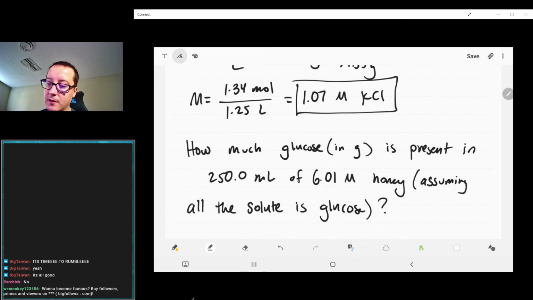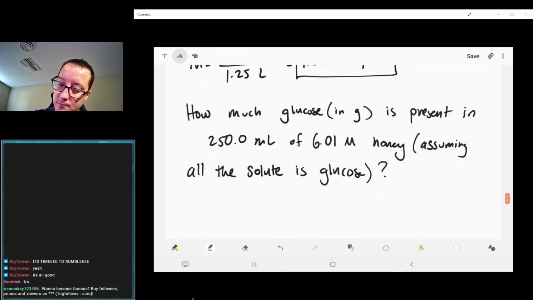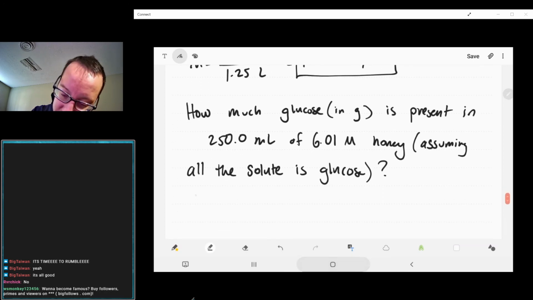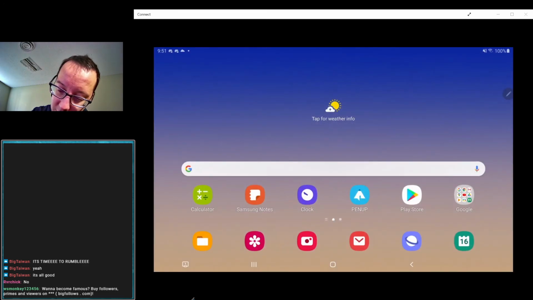All right. So with this, we're now asking for grams, but we have a volume and a molarity. We can use those to go between solution volume and moles, right? Remember 6.01, that's moles per liter, right?